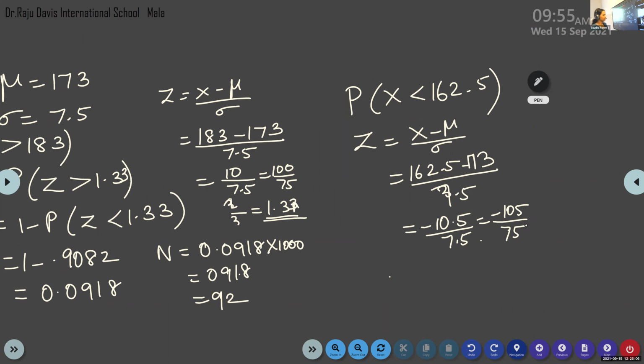Is it correct? Now divide 105 by 75 and find the decimal.